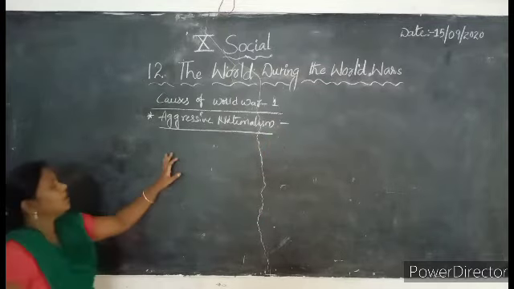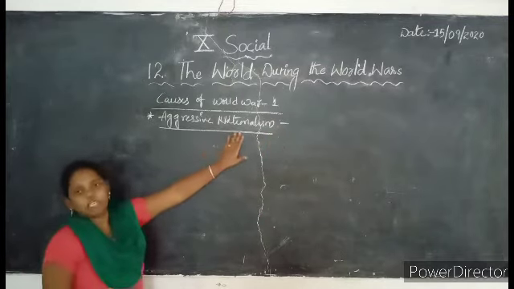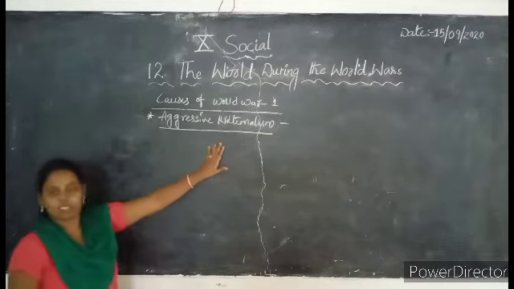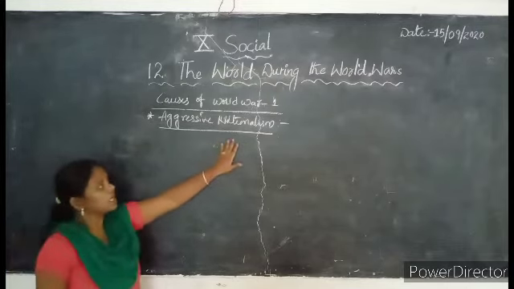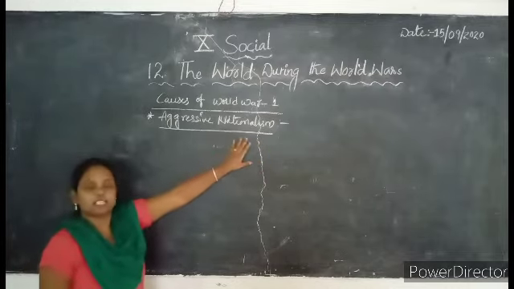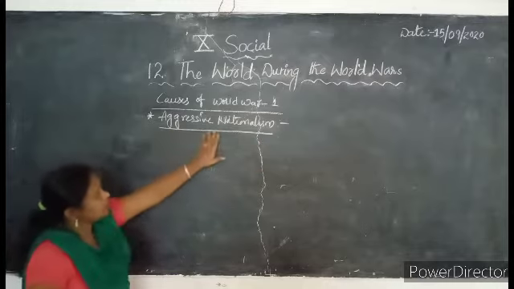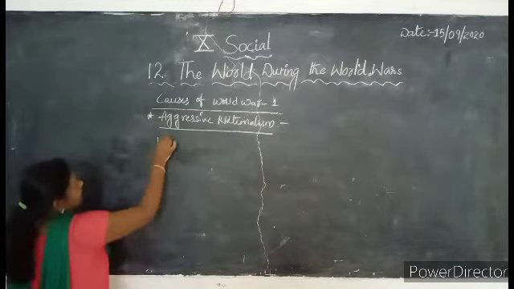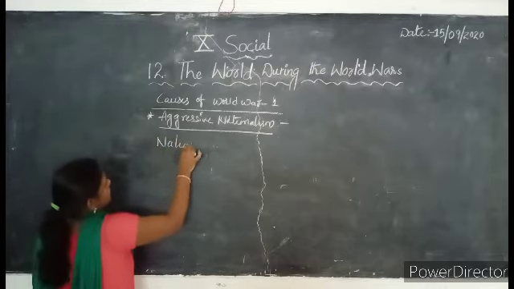Generally, you know the meaning of nationalism. What is the meaning of nationalism? Love towards our country or respect to our country, we can say nationalism. In your textbook, they have given that nationalism is a positive impulse.